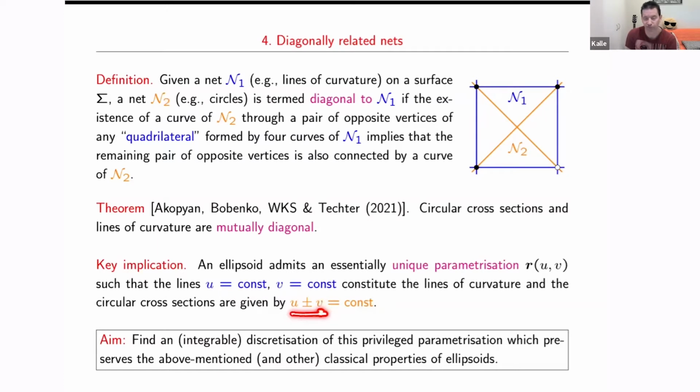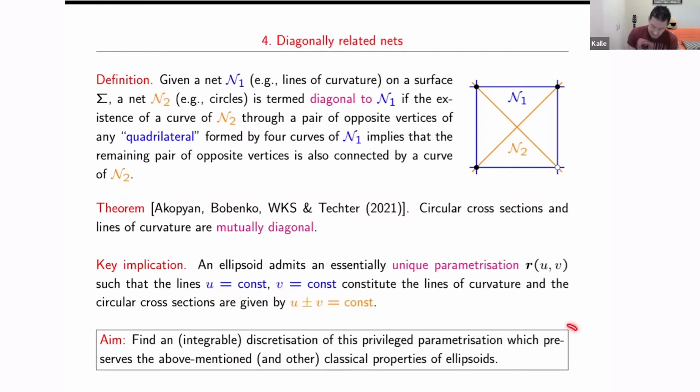Right, so that is an extremely nice property. You can see why this is useful, because at some stage we want to discretize this property. If U and V are integers, then so are U plus or minus V. So there might be a notion of discrete diagonally related nets.